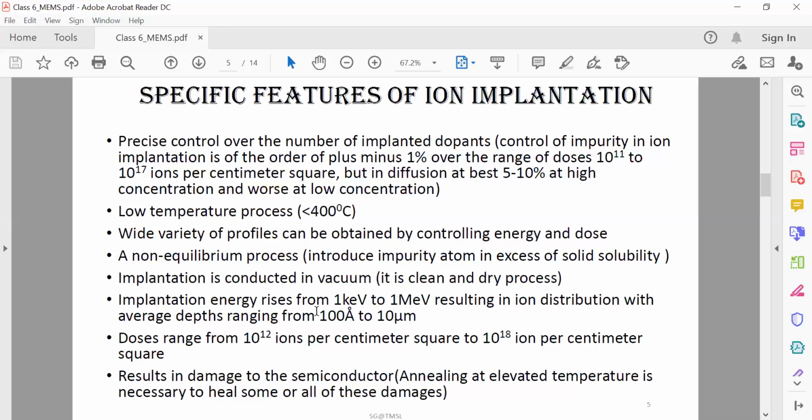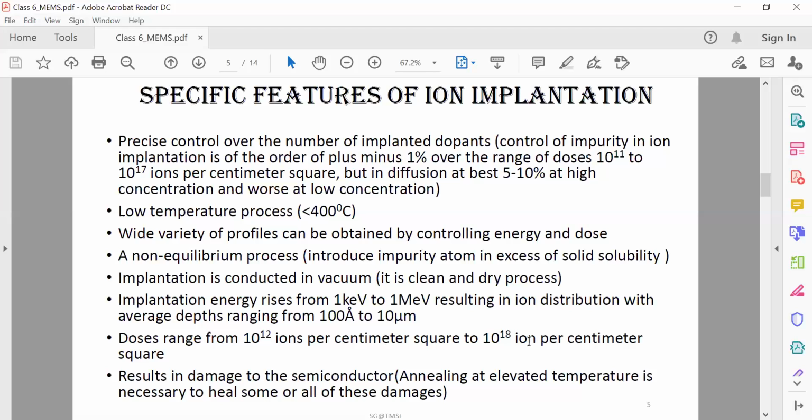On the other hand, if you use high energy ion implantation in the range of 1 mega electron volt, you can get greater depth. Normally high energy implantation is required for such things, which you cannot get in diffusion. Doses range from 10 to the power 12 ions per centimeter square to 10 to the power 18 ions per centimeter square.